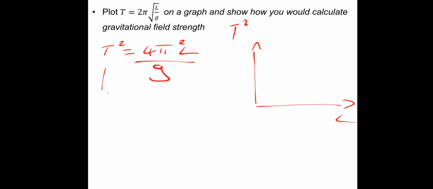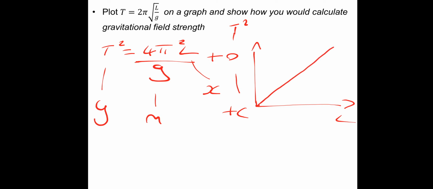So T squared is on the y-axis, L's on my x-axis, and 4 pi squared over g is my gradient. It's in the form of a straight line, y equals mx plus c, with c equal to 0. So it's a straight line, positive gradient, that goes through the origin. So like this.